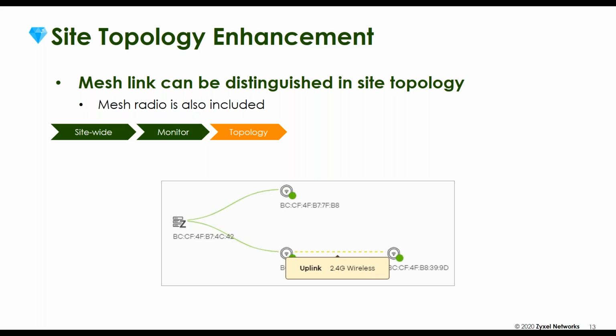You'll see on the diagram shown on the screen at the moment how the solid lines are physical connections, whereas the chopped up lines are for wireless links. If you click on it, it'll show you the uplink is running on a 2.4 gigahertz wireless channel, for instance. That can be found in site-wide monitor and topology.